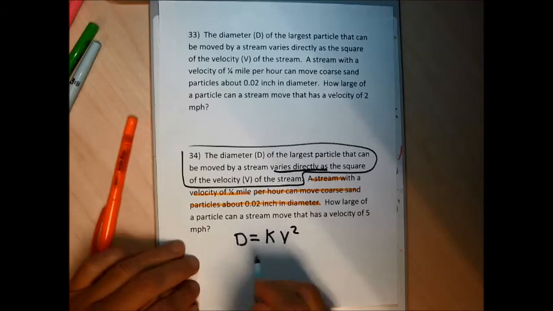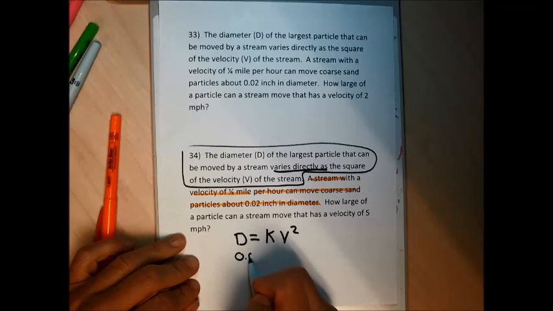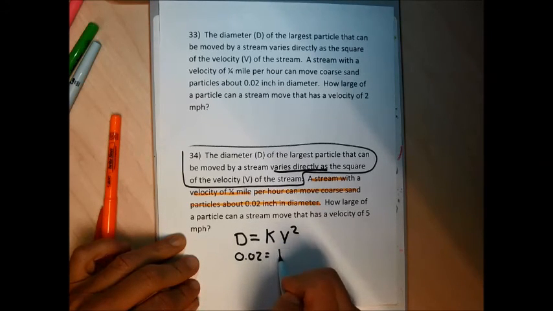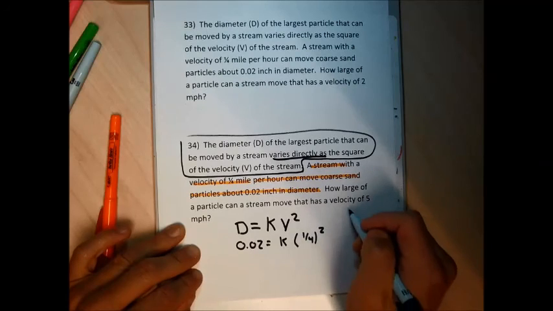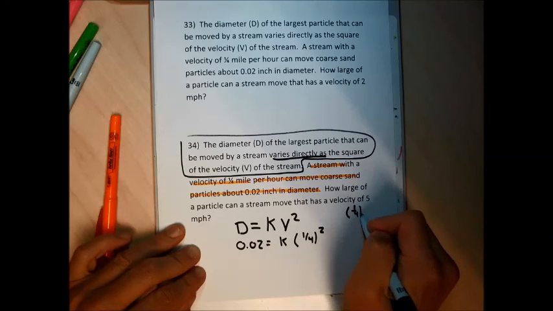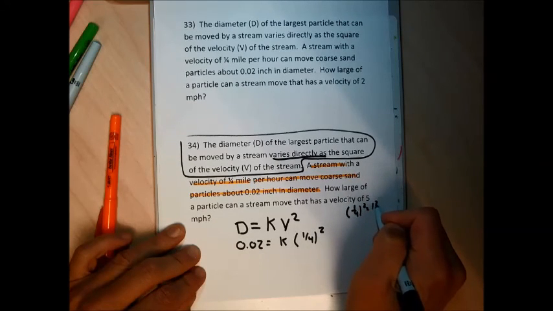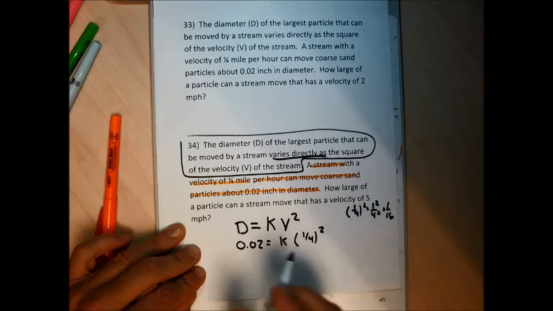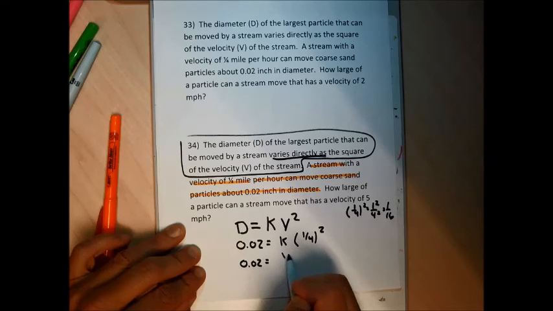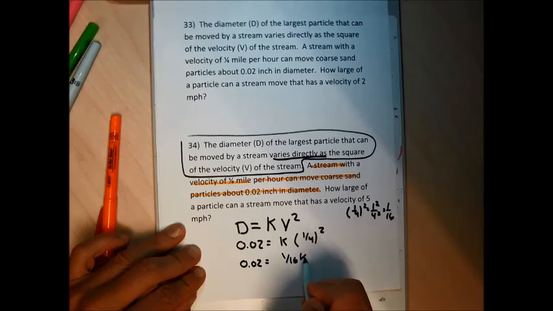So I'm going to go 0.02 equals k times 1/4 squared. 1/4 squared equals 1 squared over 4 squared, and that's 1 over 16. So I can rewrite this as 0.02 equals 1/16 k.